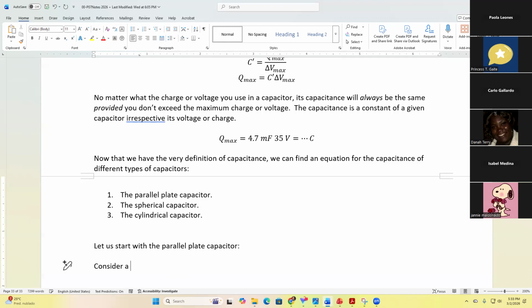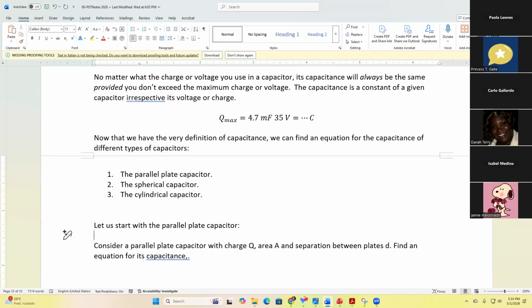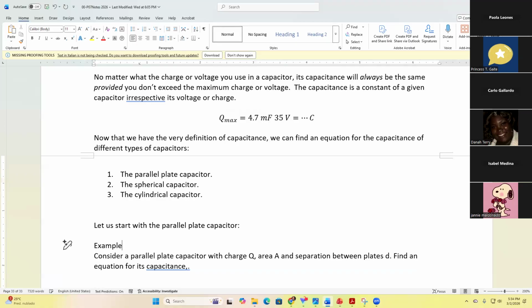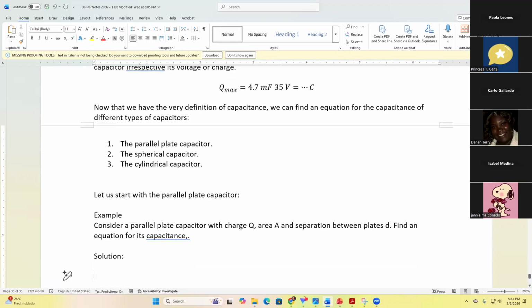Consider a parallel plate capacitor with charge Q, area A, and separation between plates D. Find an equation for its capacitance. Solution.